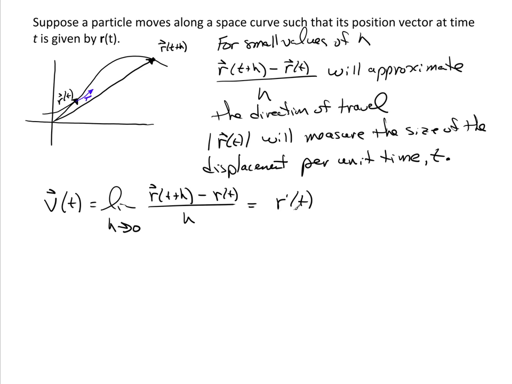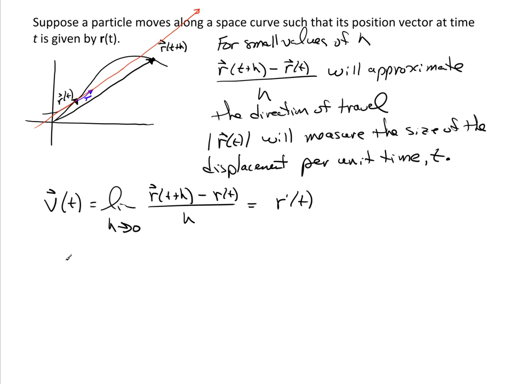Therefore, the velocity vector is actually the tangent vector and points in the direction of the tangent line. Now, keeping in mind here that there's a difference between the tangent vector and the tangent line. The tangent line at this point, r of t, will be a line that takes off like this, but the vector, and I put in the unit tangent vector, would be simply a vector at this point.